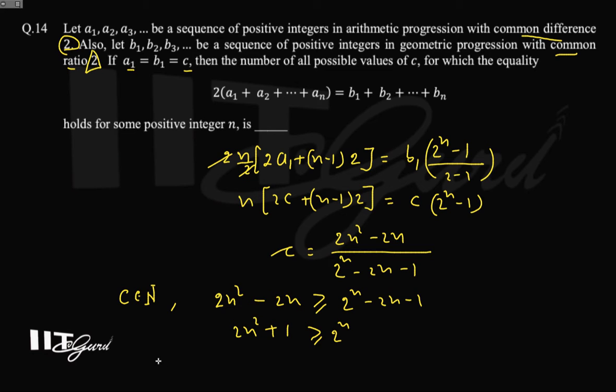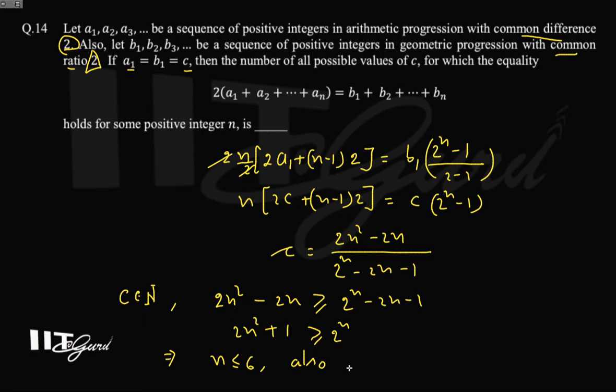So this implies that n is less or equal to 6, it's very clear.